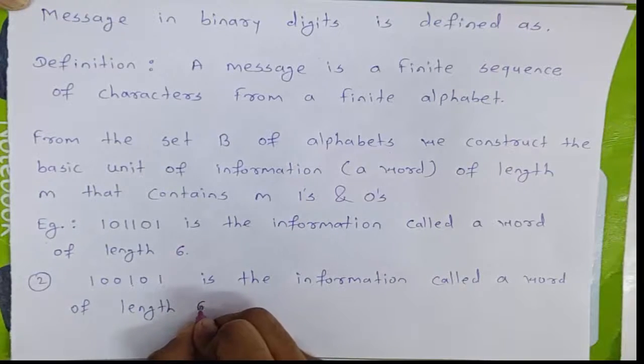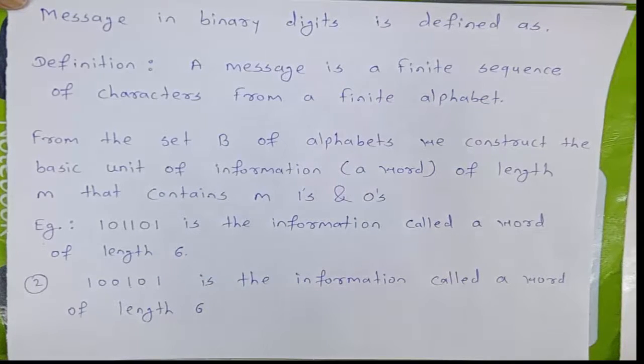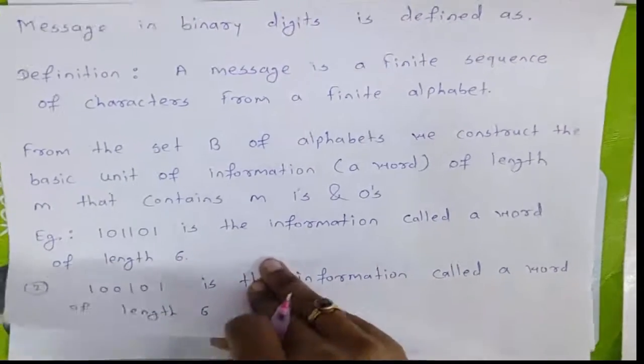So its length is again 6, that is 6 ones and zeros in this word. So all of you get it, how to find the length of a given information or given word.